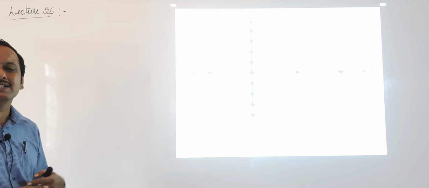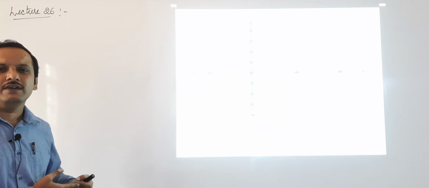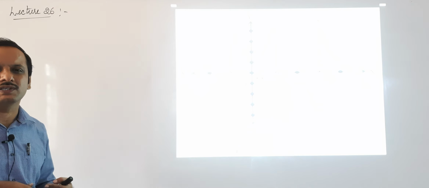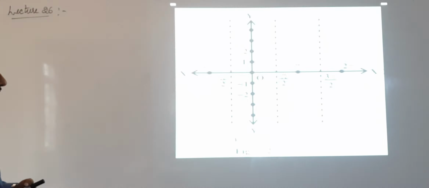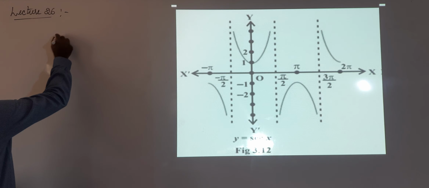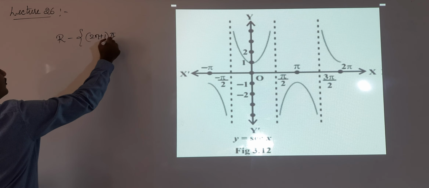So there secant x, being the reciprocal of cos x, gives secant pi by 2 as 1 by cos pi by 2, which is 1 by 0, not defined. Hence, the domain of this function is the set of all reals except the odd multiples of pi by 2.